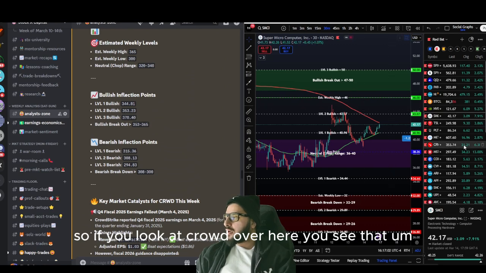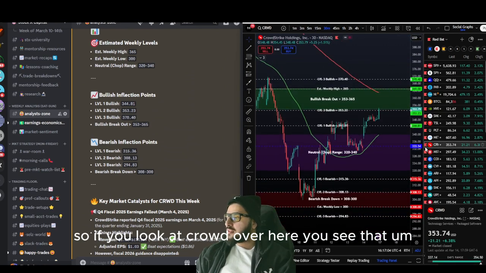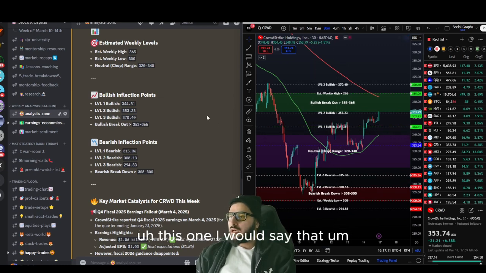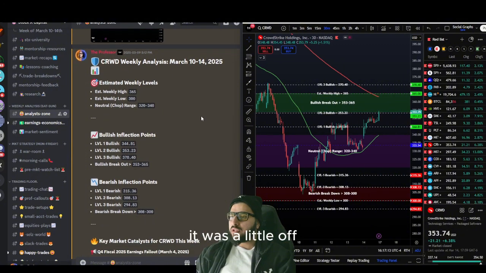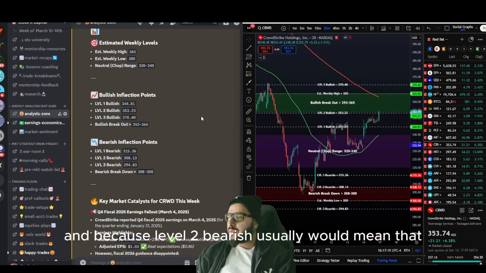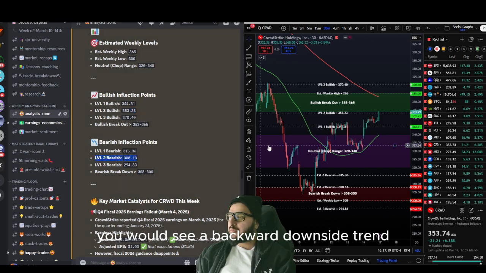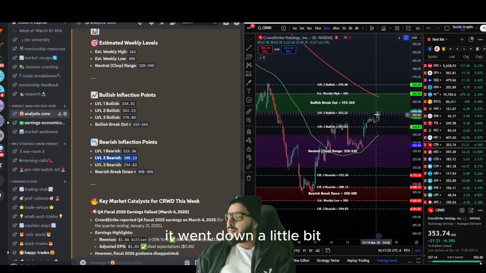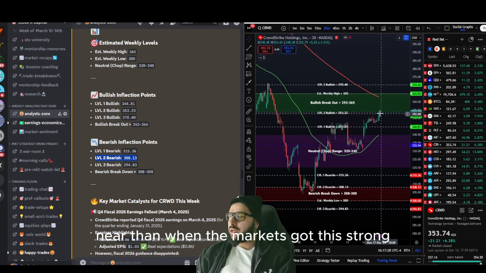If we look at this one over here, you see that it hit its level 2 bearish and recovered here. This one I would say was a little off, because level 2 bearish usually would mean that you would see a backward downside trend, and it stopped at level 1 bearish. It went down a little bit, but it recovered near the end when the markets got strong.